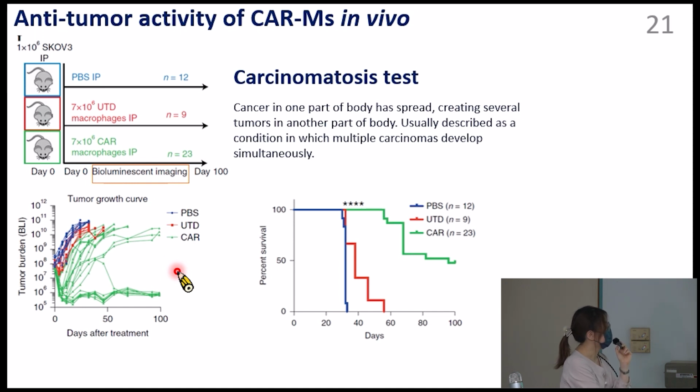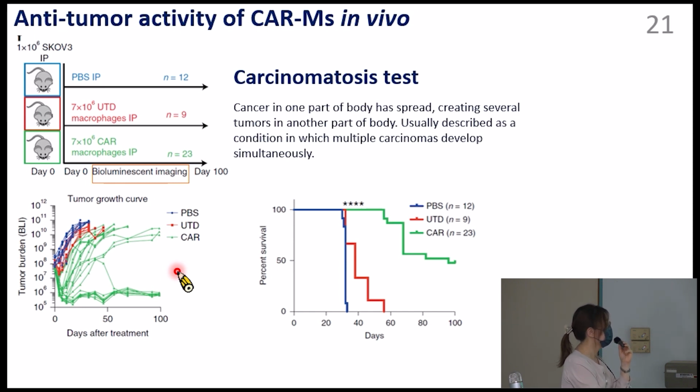Carcinomatosis means at the same time, all the tumor cells spread to different organs. But metastasis means, okay, from one tissue or one organ to another one, not at the same time spread to several tissues.